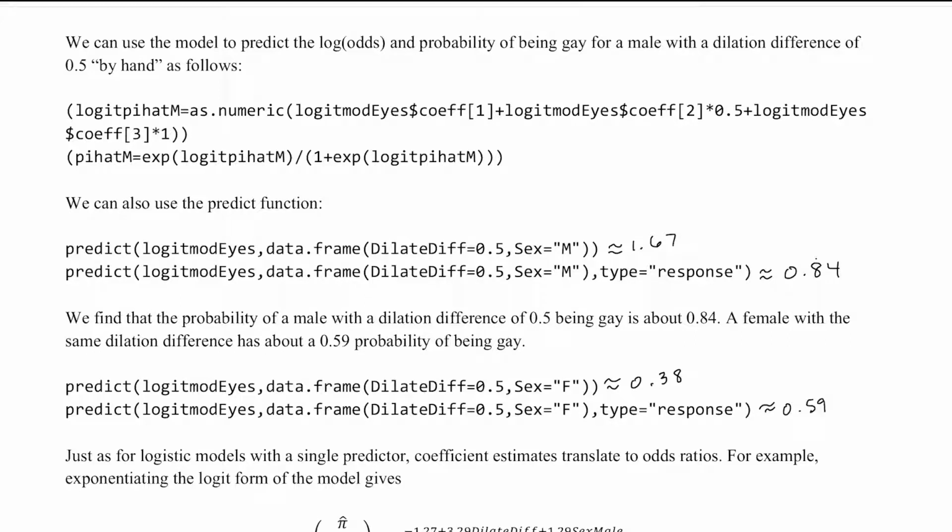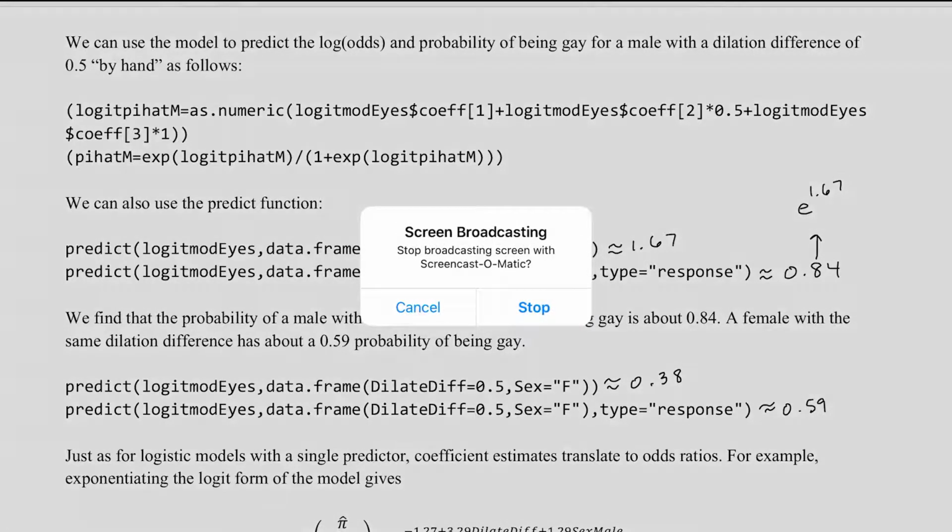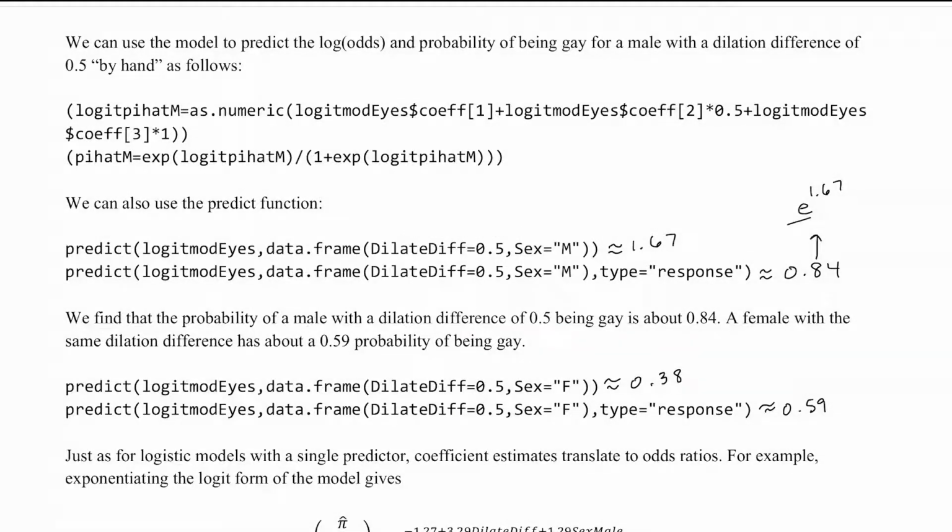And then we can do also for a female that has a dilation difference of a half. Again, FYI, if you run this code, this should be about a 0.38. And this should get you about a 0.59. That's e to the 0.38. So just as a reminder, this is e to the 1.67.